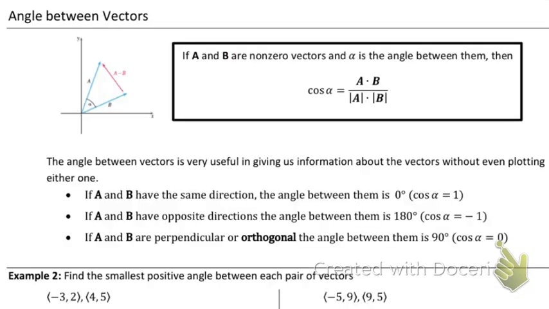All right. The last thing we're going to talk about is the angle between vectors. To get the angle between vectors, if A and B are non-zero vectors and alpha is the angle between them, then cosine of alpha is going to equal A times B, but it's not really A times B. That is going to be your dot product, over, and note those absolute value bars, those are both magnitudes.